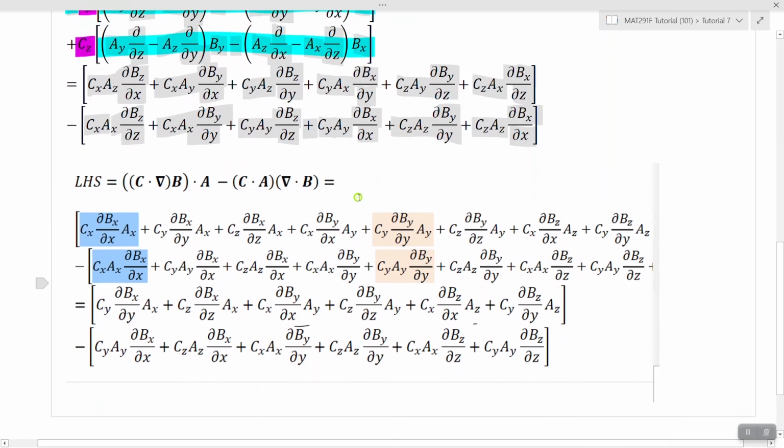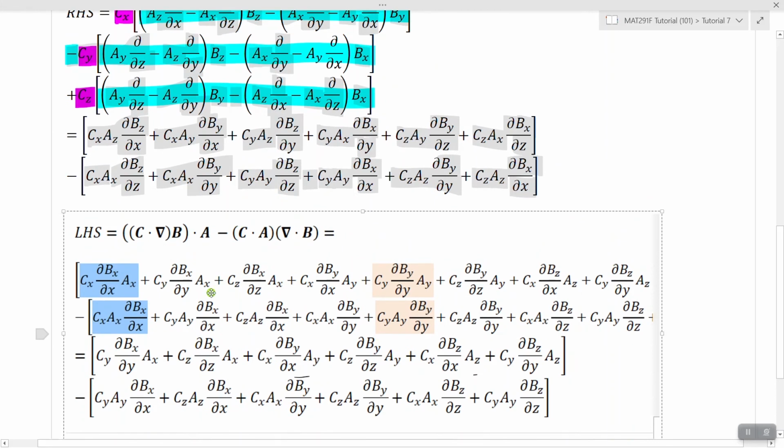So then I just copied what we got on the previous page, and if you compare them term by term, you'll notice that they are exactly the same.